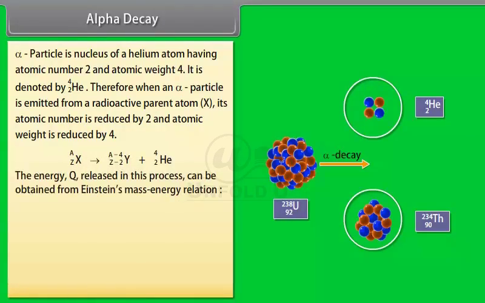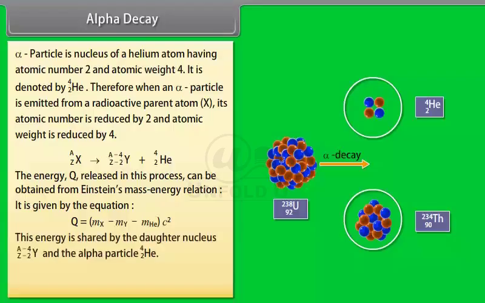The energy Q released in this process can be obtained from Einstein's mass-energy relation. It is given by the equation Q is equal to (mX minus mY minus mHe) into c squared. This energy is shared by the daughter nucleus and the alpha particle.